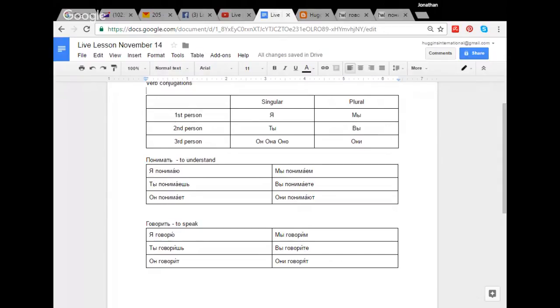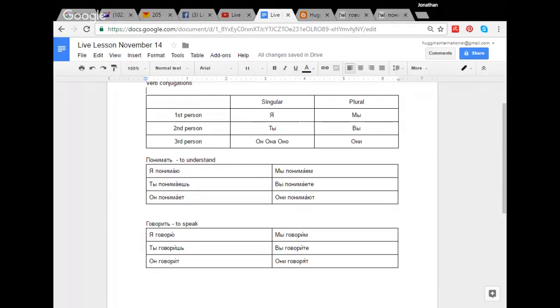So as Russian is an Indo-European language, we have this pattern of these six cells: first person, second person, third person, singular, and then first, second, third person plural as well.